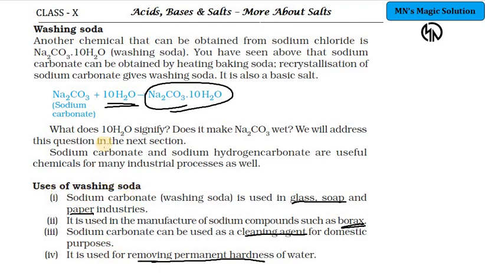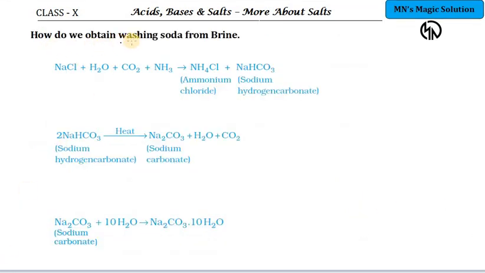There is one important question which is repeatedly asked: how do you obtain washing soda from NaCl? In this equation, we see how we obtain it from sodium carbonate. From NaCl, how do you obtain this? We are going to see that next. So how do we obtain washing soda from NaCl or brine?